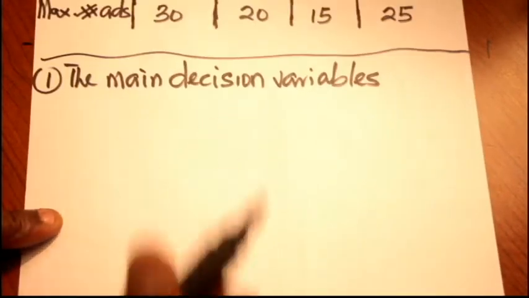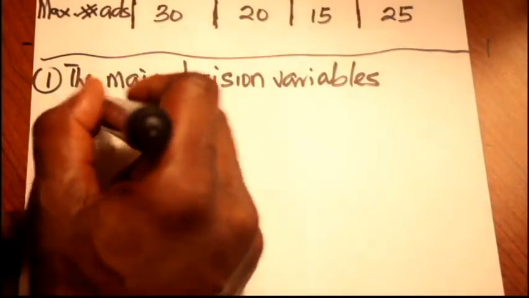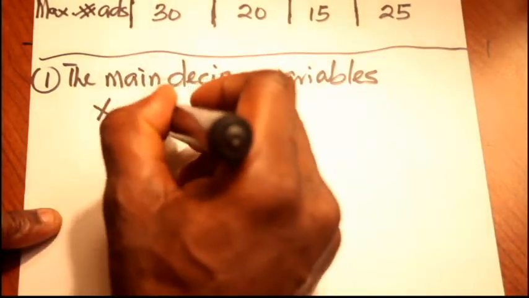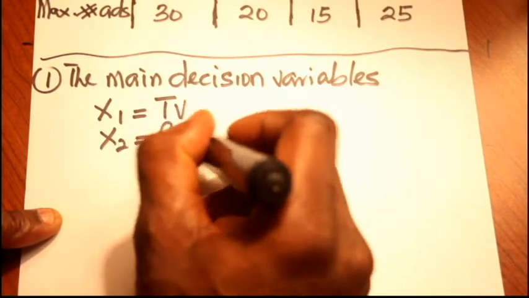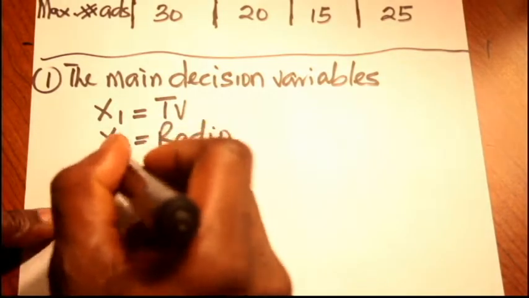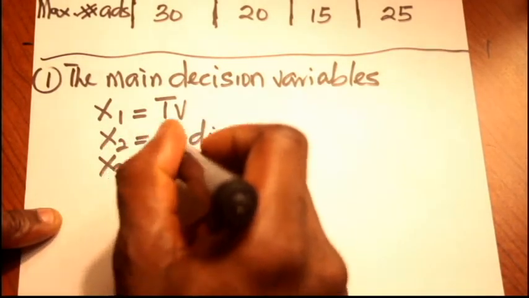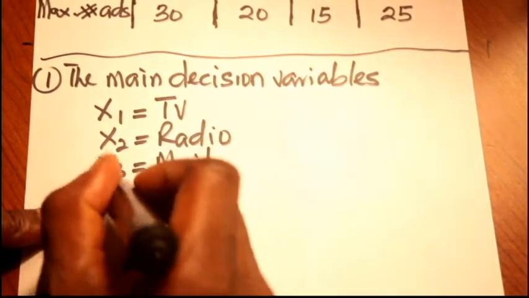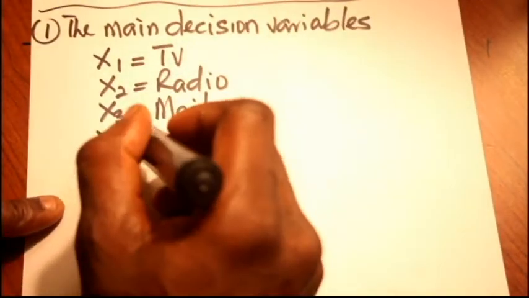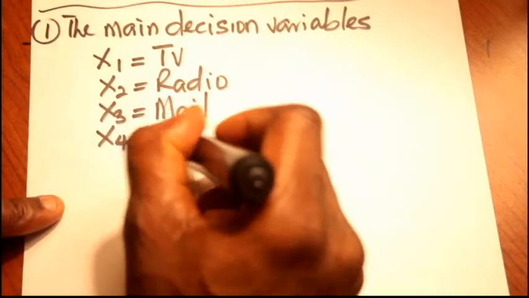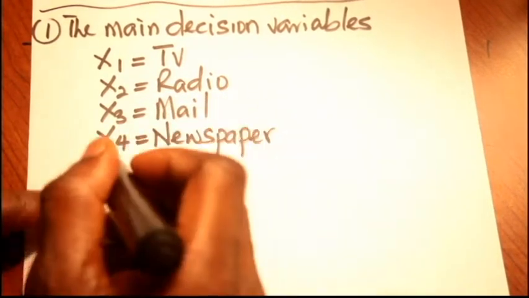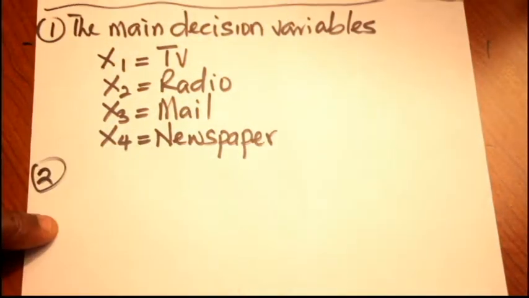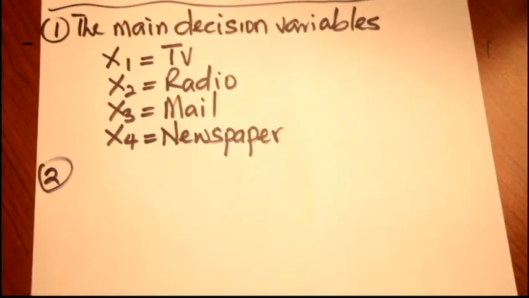I have X1 standing for the TV, X2 for radio, X3 for mail, X4 for newspaper. Having done that, I've been able to state out the main decision variables.